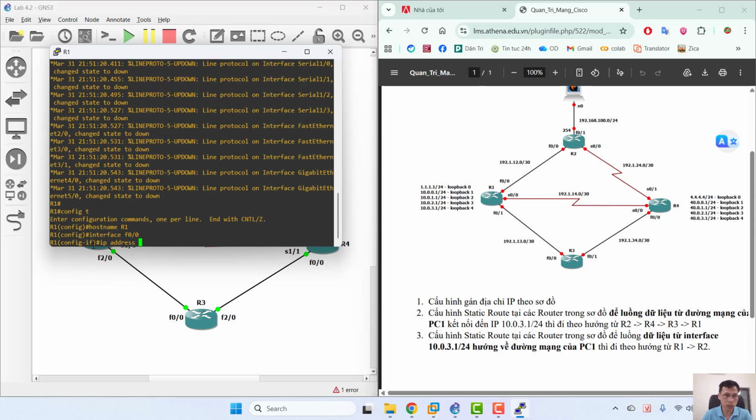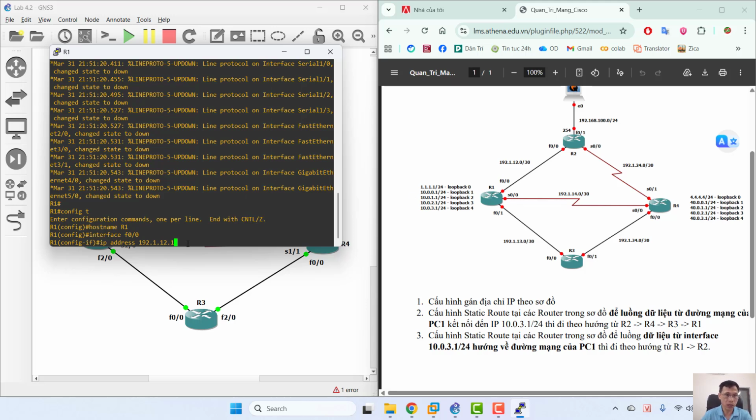This is a subnet, so I give it 1.12.1. In this lesson, the router with the lower number gets IP number 1, and the router with the bigger number gets IP number 2, to easily remember.